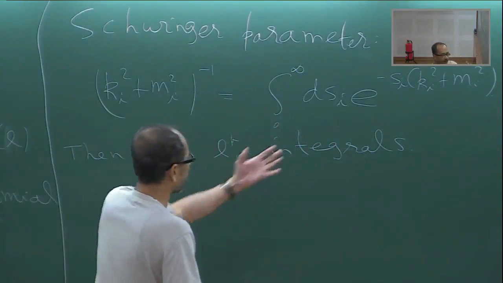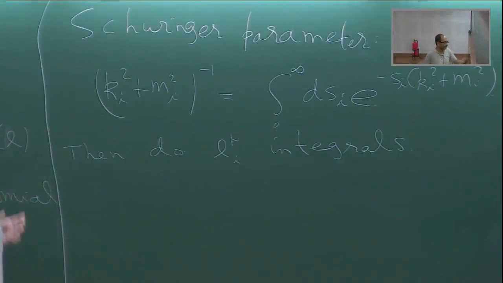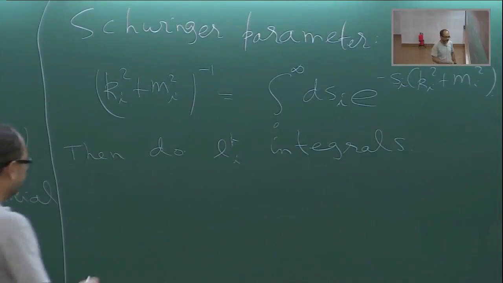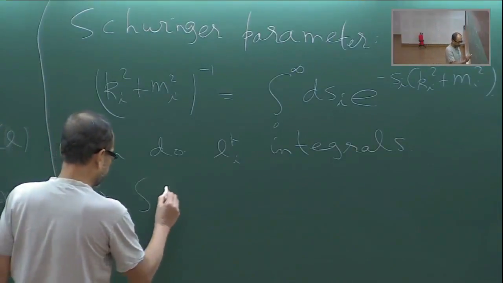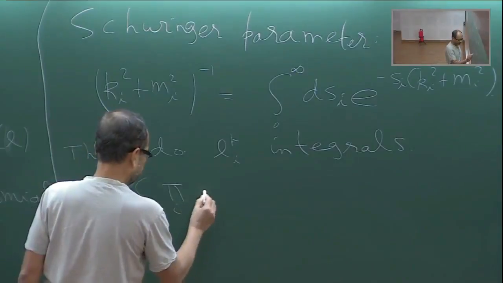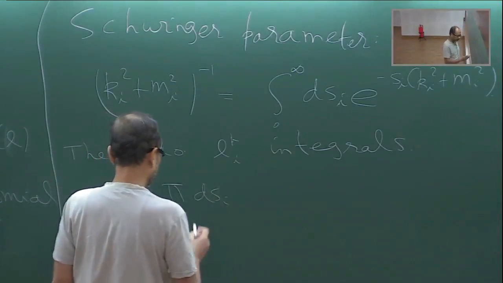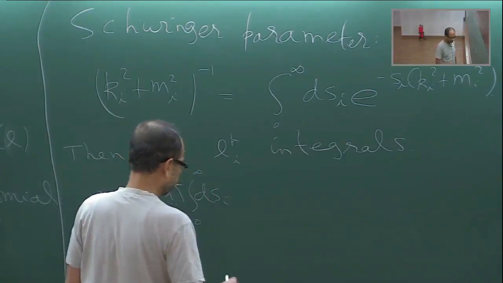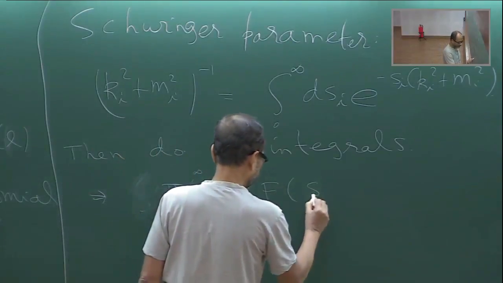So you have a Gaussian factor, and this is of course just a polynomial in l. So you can easily carry out the integration over the loop momenta now, and then express the final answer as an integral, product over i of ds_i, each of them running from 0 to infinity, and some function of s.